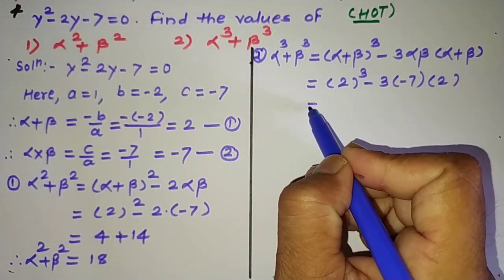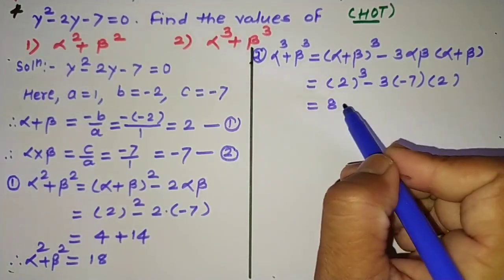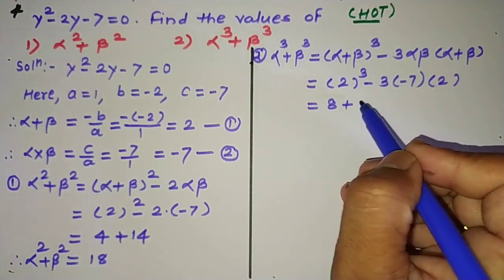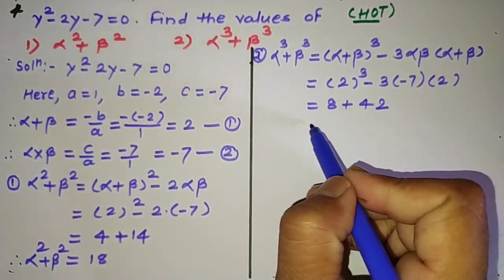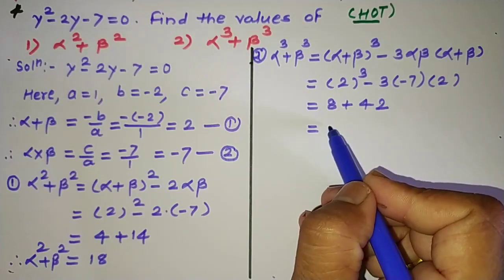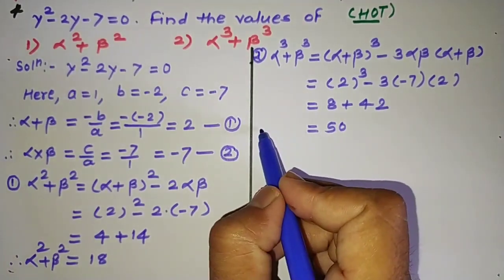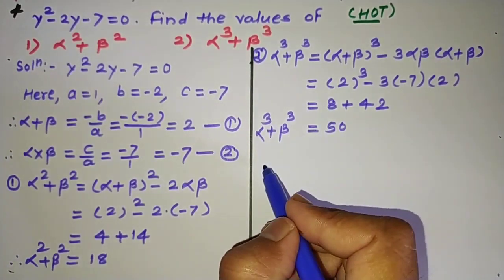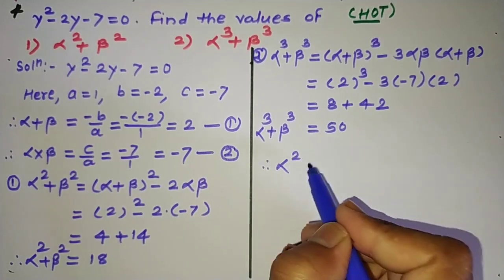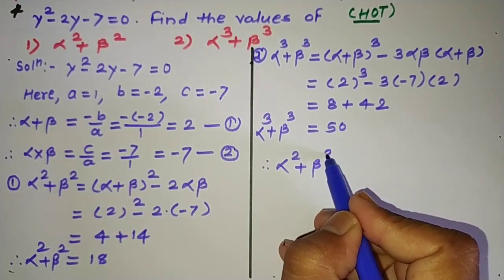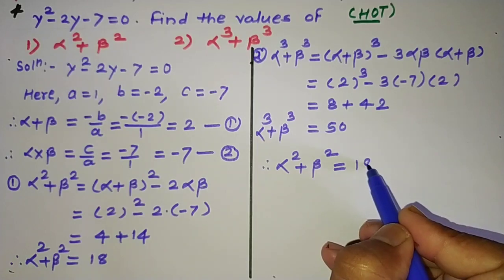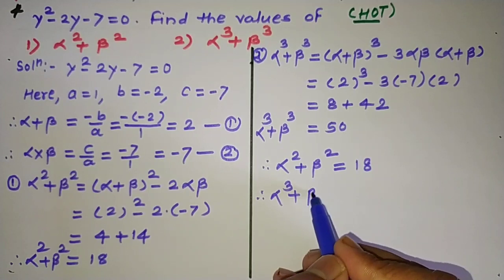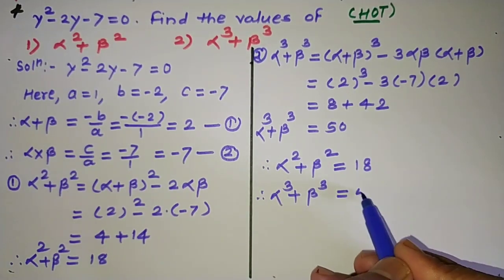The cube of 2 is equal to 8, minus minus plus 7, 3 is 21, 22 is 42, therefore 42 plus 8 is 50. The value of alpha cube plus beta cube is equal to 50, therefore alpha square plus beta square is equal to 18 and alpha cube plus beta cube is equal to 50.